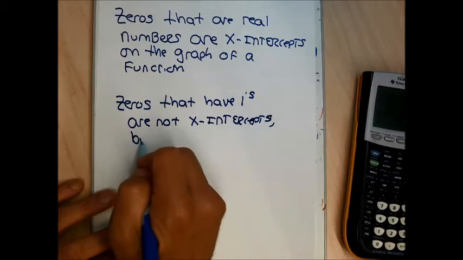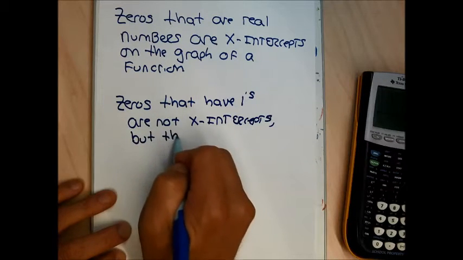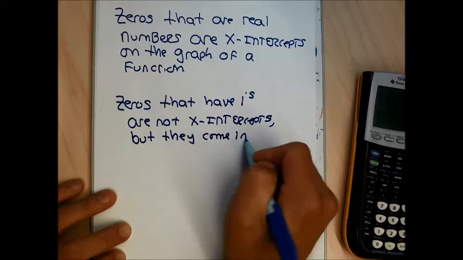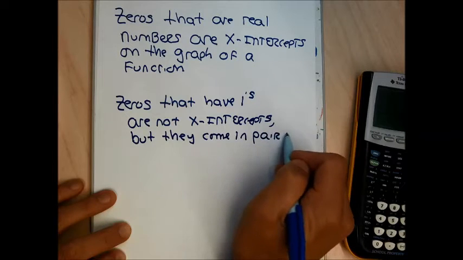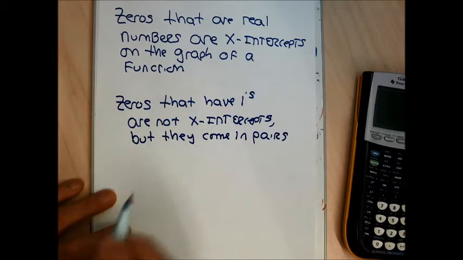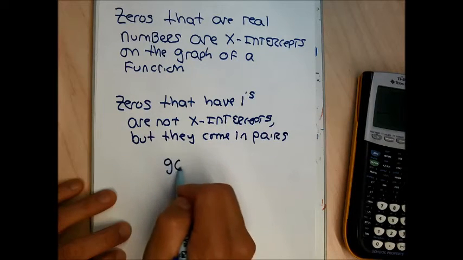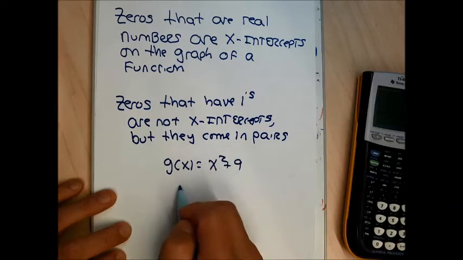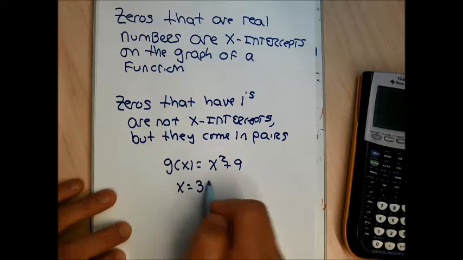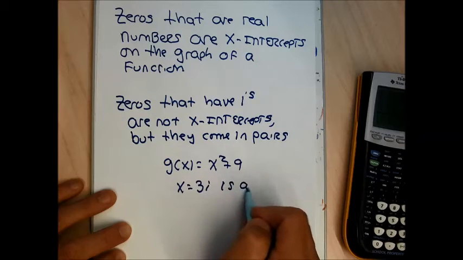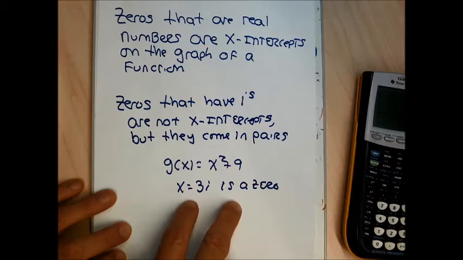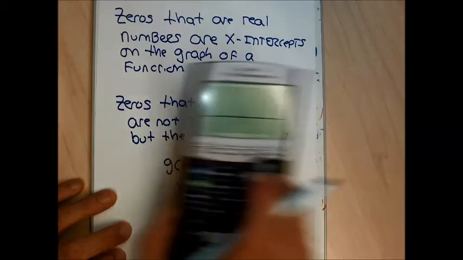But they do come in pairs. So the function that I made up, this g of x equals x squared plus 9, and I said that x equals 3i is a zero. If I graphed the function, it's not going to cross the x-axis at anything related to a 3 because 3i is not going to show up on this graph.